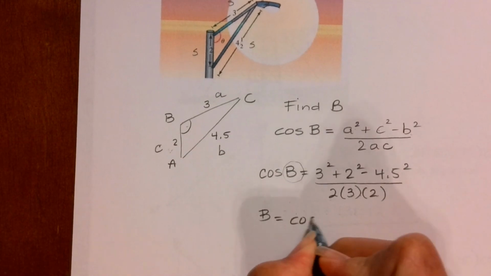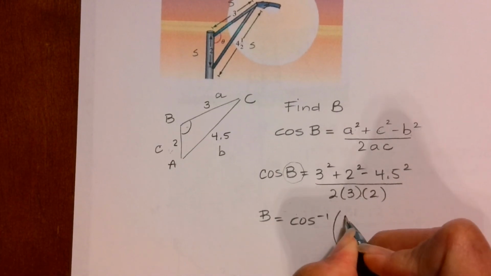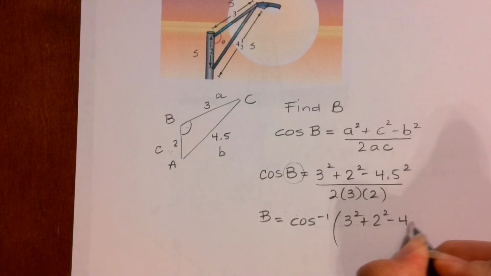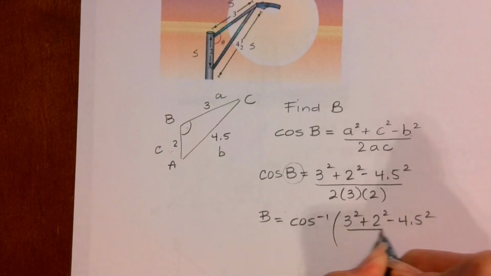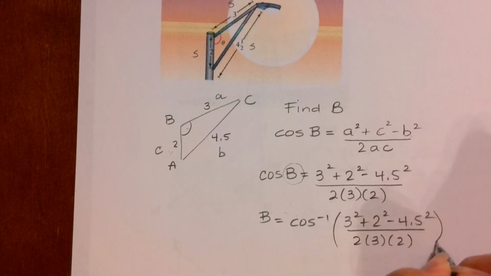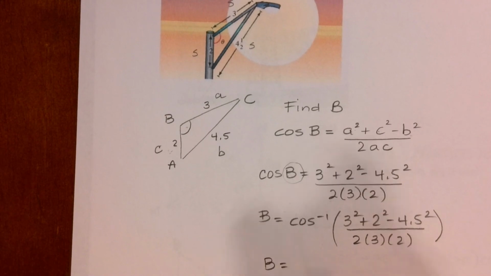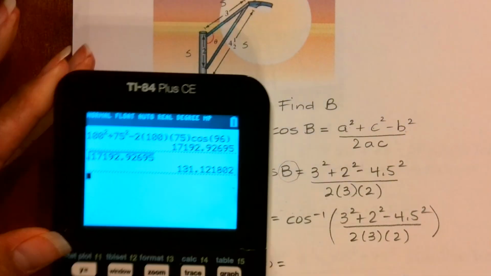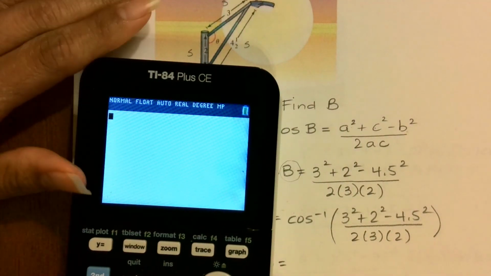So let me go ahead and do that before we type this entire statement and let the calculator do all the heavy lifting. Okay. And we'll once again round to the nearest hundredth. Okay. So here we go, cosine inverse.